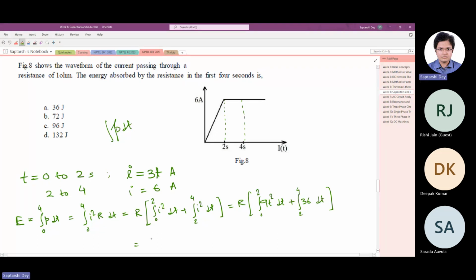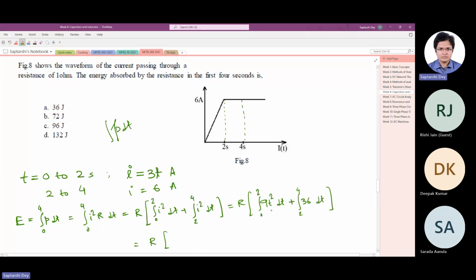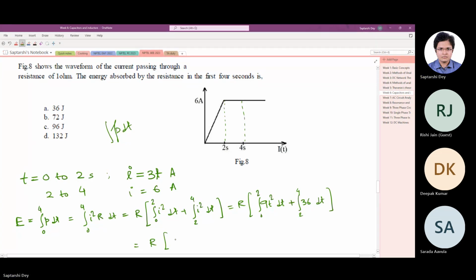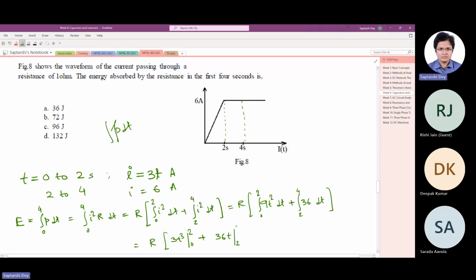Now if you do the integration, 9t square becomes 3t cube from 0 to 2, plus it becomes 36t from 2 to 4.